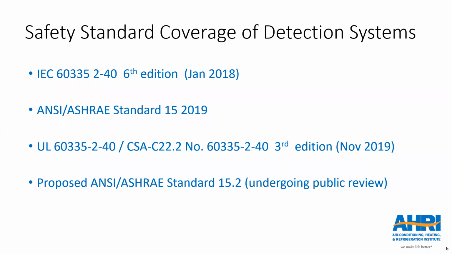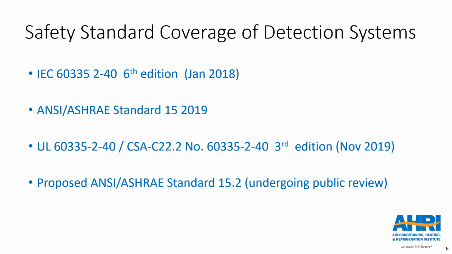Now the ANSI AHRI standards are used in the US to cover installation practices. Standard 15 was amended in 2019 to allow A2Ls for direct systems and all types of applications. And Standard 15.2 is a new residentially focused installation standard that is expected to be published in early 2021.